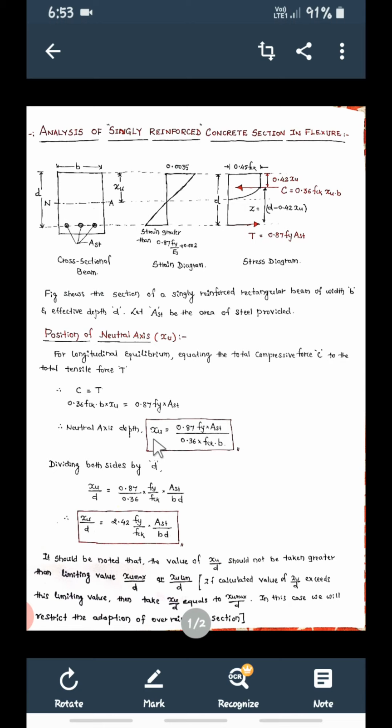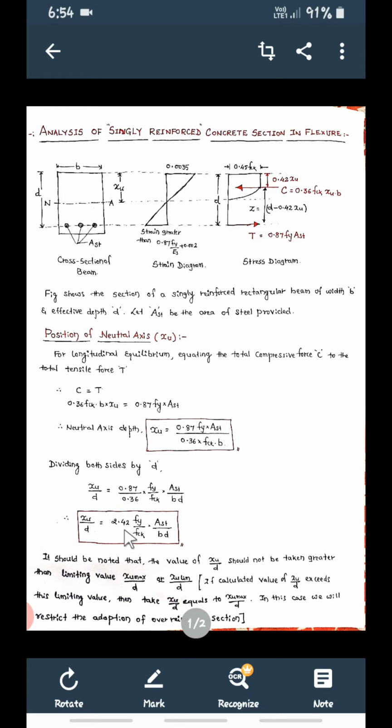So if you divide by D, this is XU by D, then 0.87 divided by 0.36 Fy divided by FCK, then AST divided by B into D. We are dividing here also by D. So XU by D is equal to 0.87 divided by 0.36.